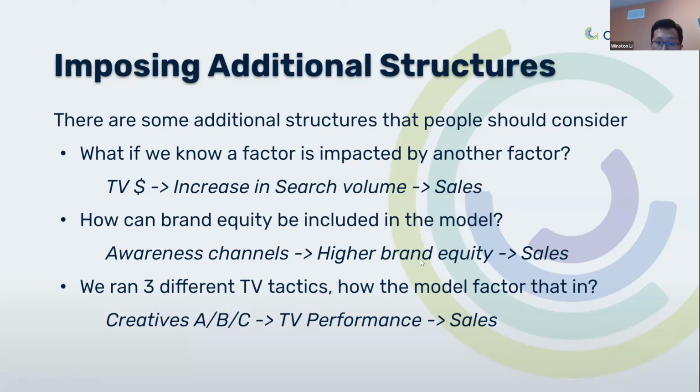How do we include that? Or how do we include different tactics, like different creatives A, B, and C, that have different impact on your TV performance and in turn on sales? This is a more advanced topic where there's a lot more structure in our models, and we want to be able to include all of that in our MMMs.